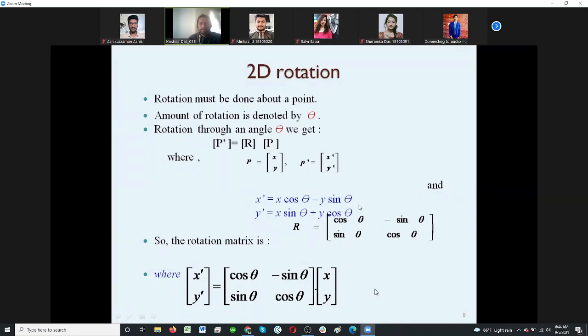If we do the dot product of these two matrices, we get x prime as x cos theta minus y sine theta, and y prime as x sine theta plus y cos theta. That is the formula we get. If we apply the theta value in cos theta and sine theta, and the values of x and y, we can get the new position of the point.